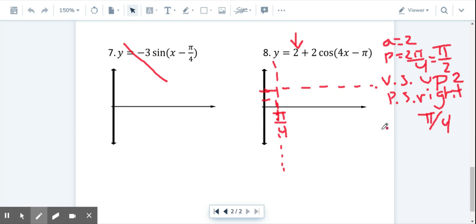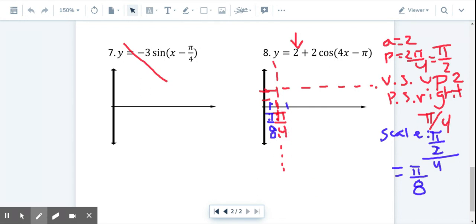So now when we go through and get the scale, we take period, pi over 2, divide that by 4. So we end up getting pi over 8. So pi over 8, where does that play into this? Well, if this is pi over 4, pi over 8 is less than that. So this right here is pi over 8.